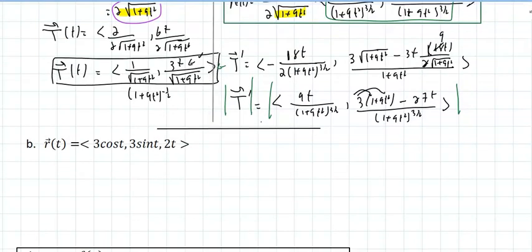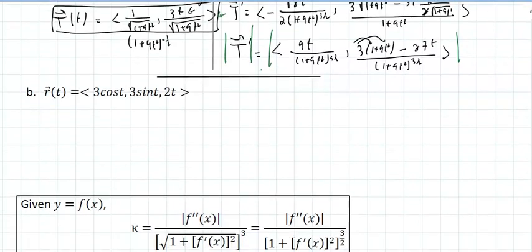So the same deal here. I am going to find the tangent, and I'm not going to find the normal on this problem. So if I want to find the tangent, well, I know what a tangent is. A derivative. Isn't that negative 3 the sine of t, 3 the cosine of t, and a 2? And so this is tangent to the curve. I know that already.